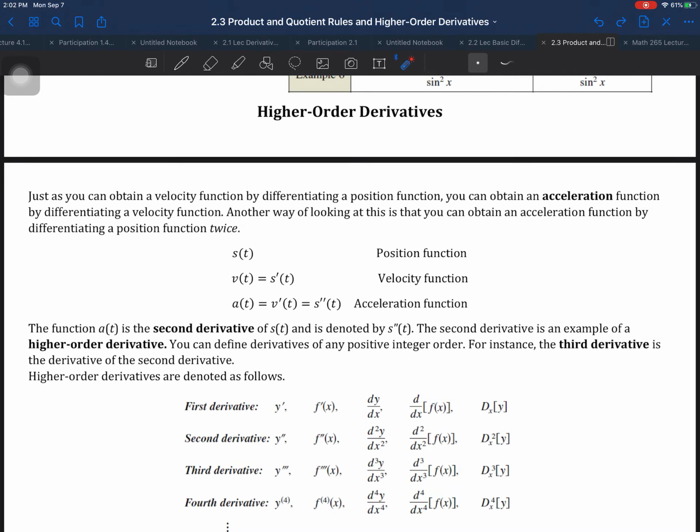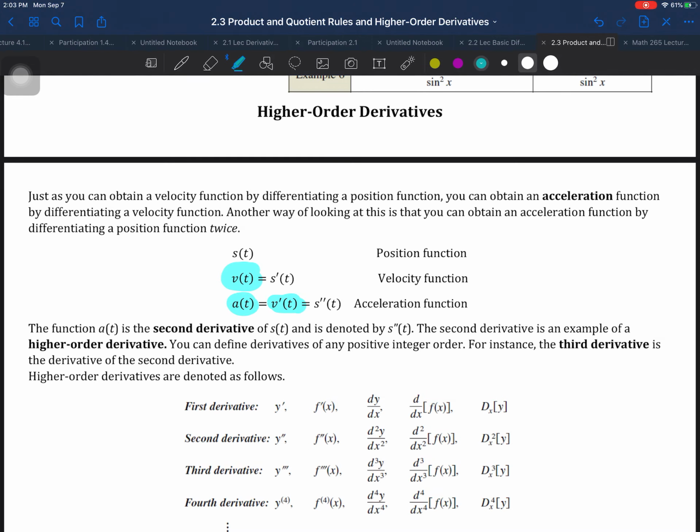Moreover, if you take the derivative of velocity, that gives you the acceleration.